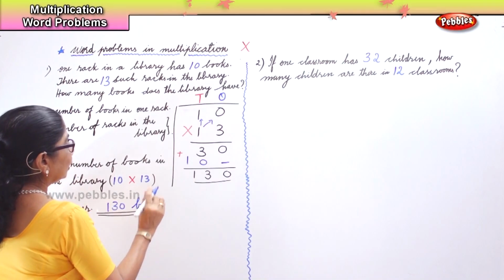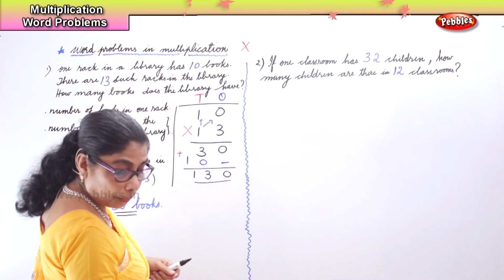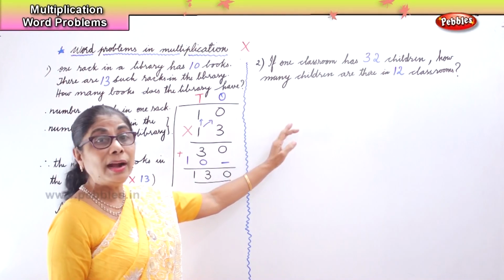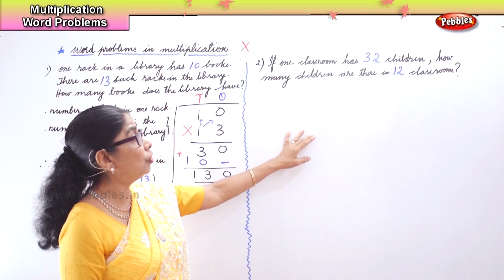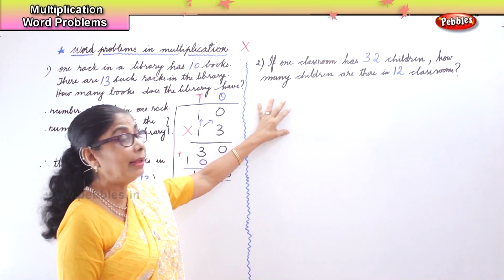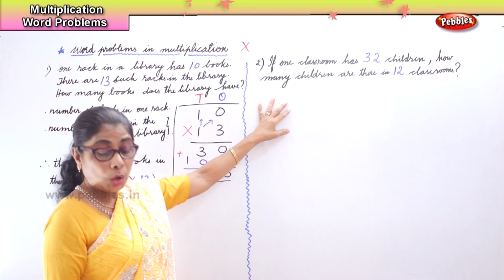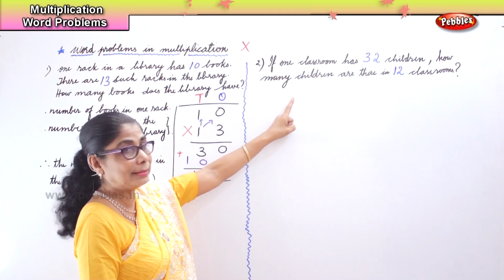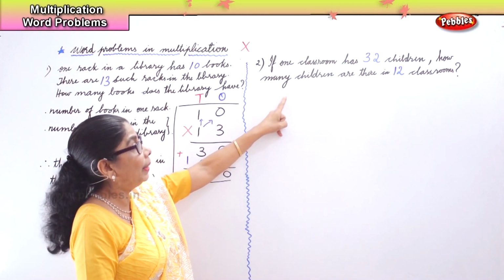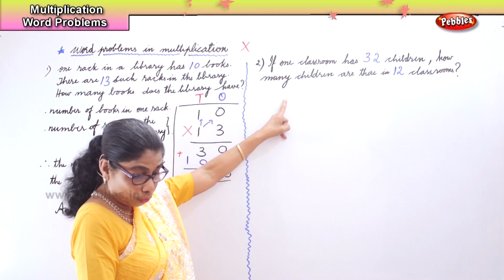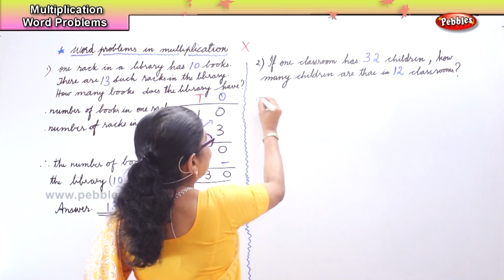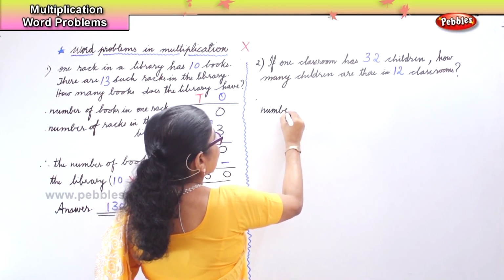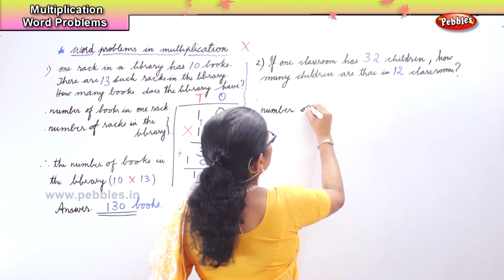Okay? Now we go to the next word problem. Let's read the problem first. If one classroom has 32 children, how many children are there in 12 classrooms? What can be the statement? Number of children in one class. Second, number of classrooms.